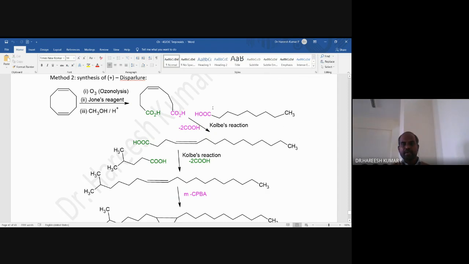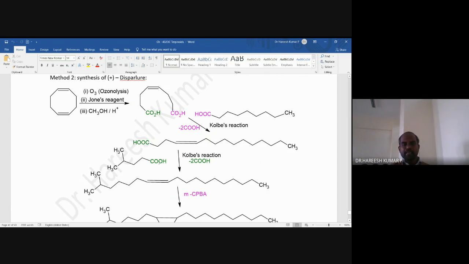So look here, what I mentioned. This colored carboxylic acid is going out. There will be a new bond formation between this carbon and this carbon, and the double bond is this. After the double bond, three carbon atoms. That is this.